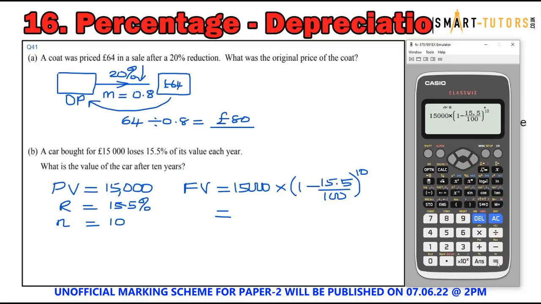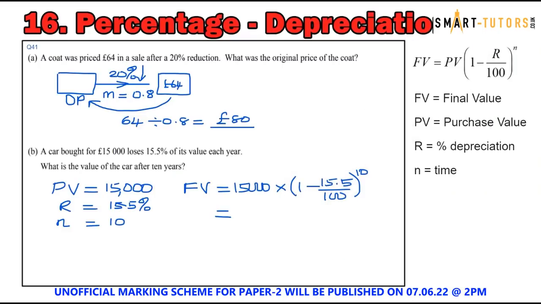So that's all you need to do, and 2,783.9, so roughly 2,784 pounds. So 2,784 nearest to the whole number. So that is the answer for the depreciation. Remember the formula, so substitute and press the calculator.